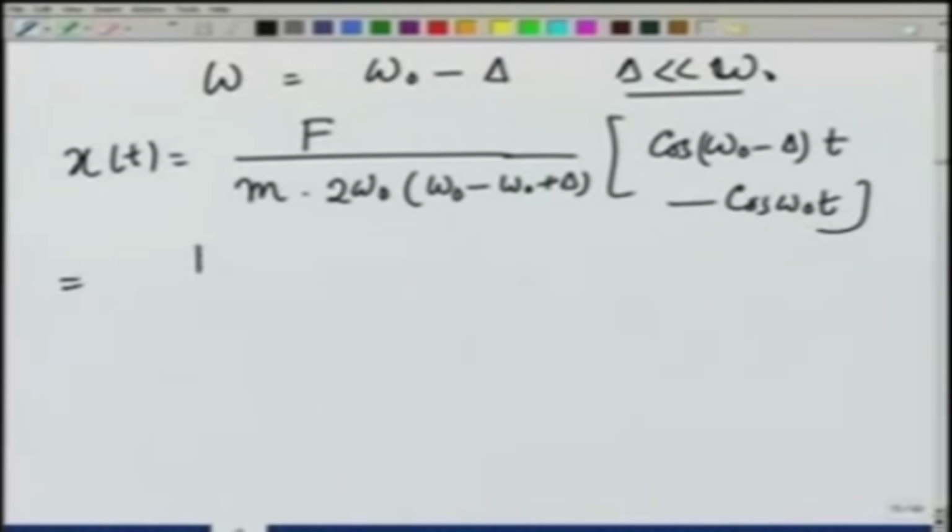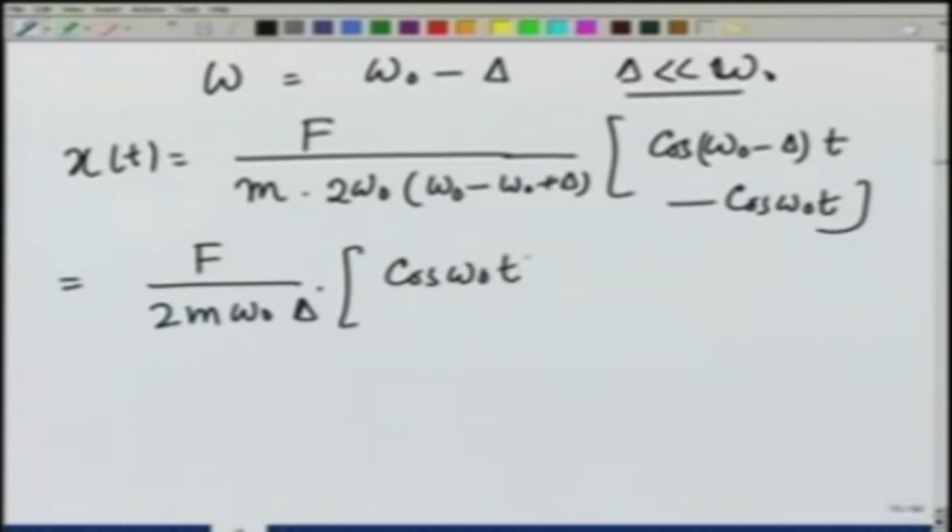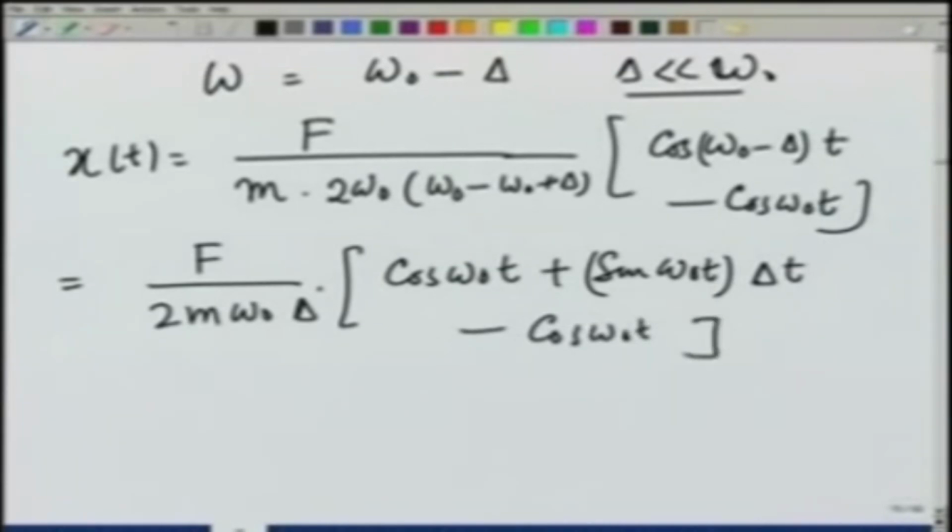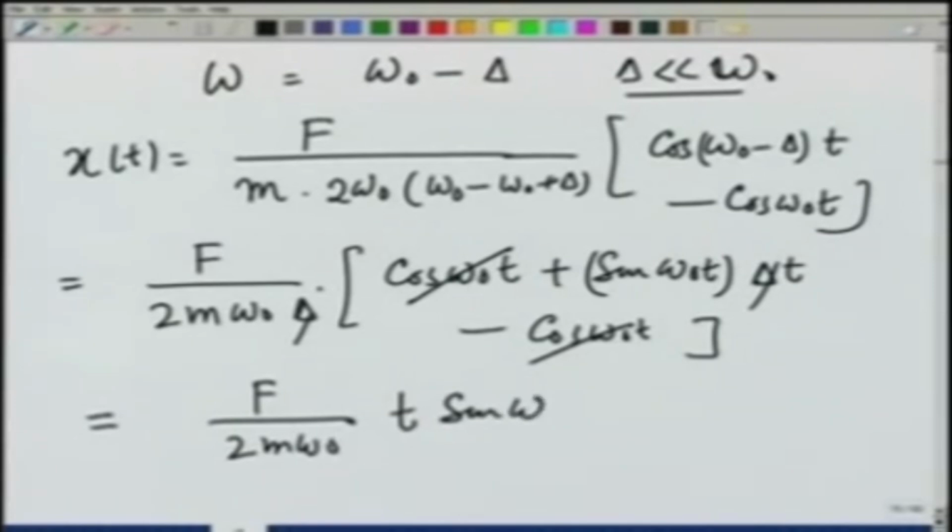So, this comes out to be F over 2 m omega 0 delta times cosine of omega 0 t cosine of delta t, and delta being very small, I will take that as 1, plus sine of omega 0 t times sine of delta t, which I will take as delta t because delta is very small, minus cosine of omega 0 t. In fact, delta finally I am going to take the limit of going to 0. This cancels. So, this delta will then cancel with this delta, and the answer comes out to be F over 2 m omega 0 times t sine of omega 0 t.